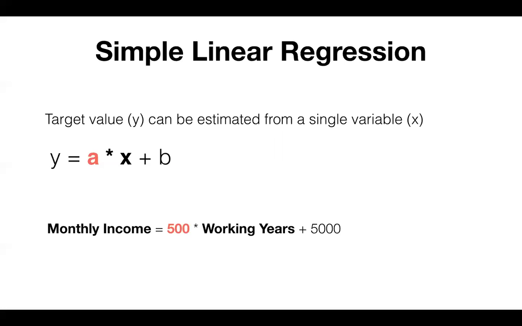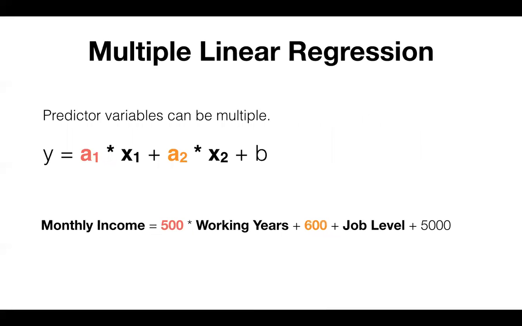So far I've been talking about simple linear regression, which means we try to understand the target value, say monthly income, based on only one variable, in this case working years. As opposed to that, you can add more variables, because nothing in this world is that simple.